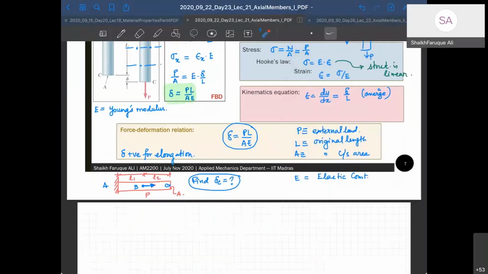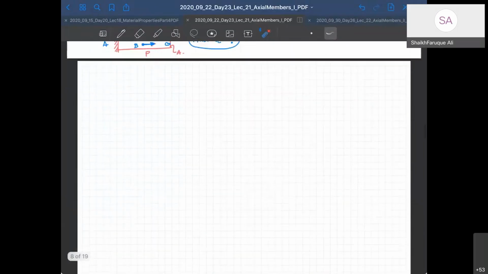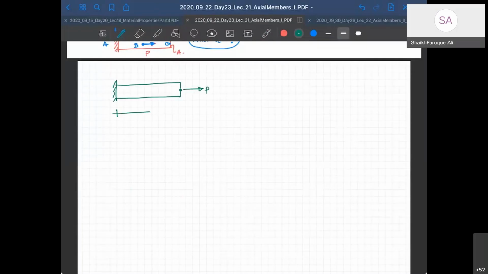Okay, so let me ask you a few questions. I have a member like this, and I've given a load P here, and this is my length L. How will its deformation look if I have to plot U with respect to P?